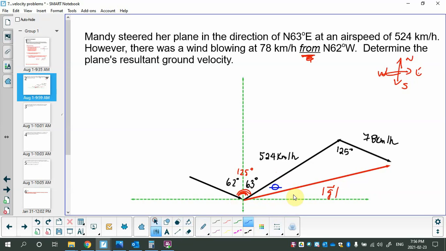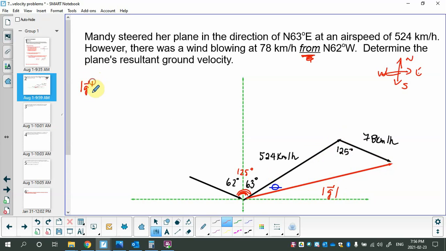Because the resultant is related to the compass, and that's where the compass center happens. So let's get at trying to figure this out. I'm going to use this space. I'm going to use red first of all to find ground speed, and here's my side, angle in between, side.